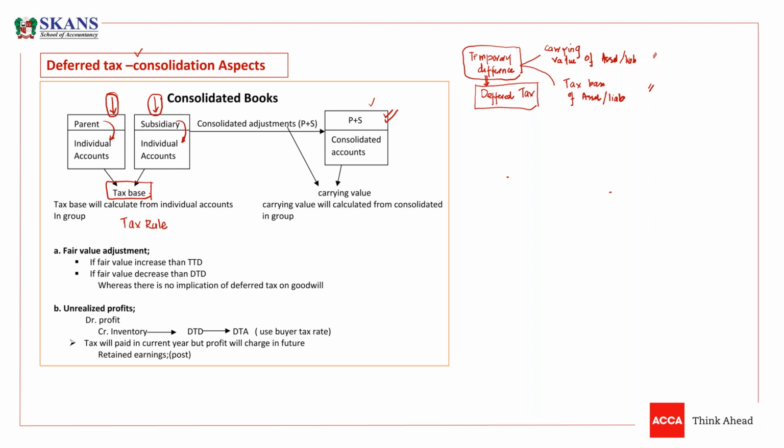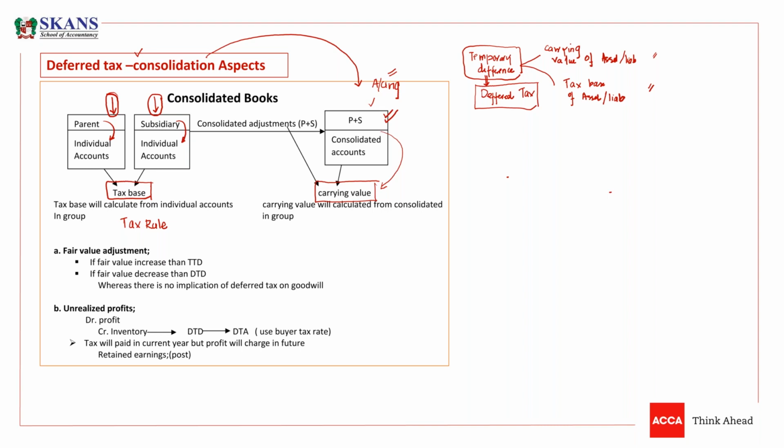Okay. But now we are dealing with consolidation. I'm talking about the deferred tax in consolidation. It means the accountant is preparing accounts of consolidation. So carrying value is the value under accounting rules, and carrying value will be calculated from here.